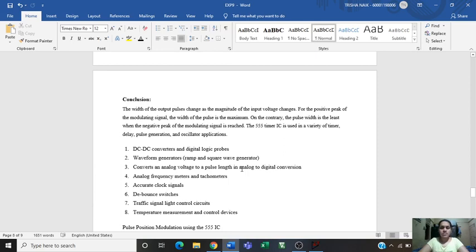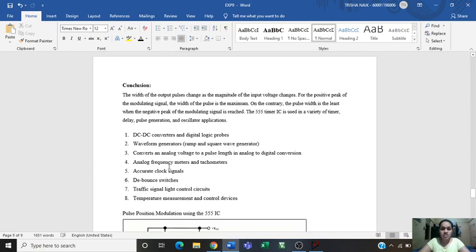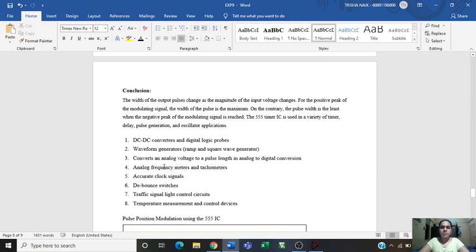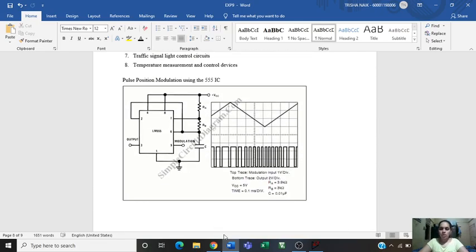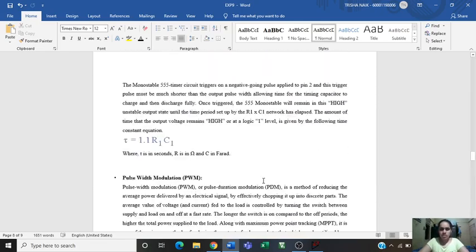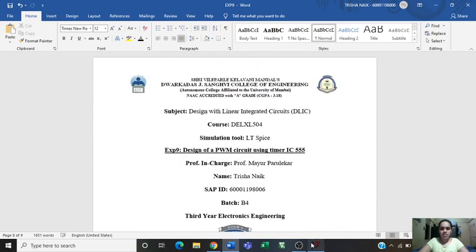Other applications of the 555 IC are listed here, for example DC to DC converters, clock signals, debounce switches, waveform generators, etc. So this was all for pulse width modulation using the 555 timer IC. Thank you.